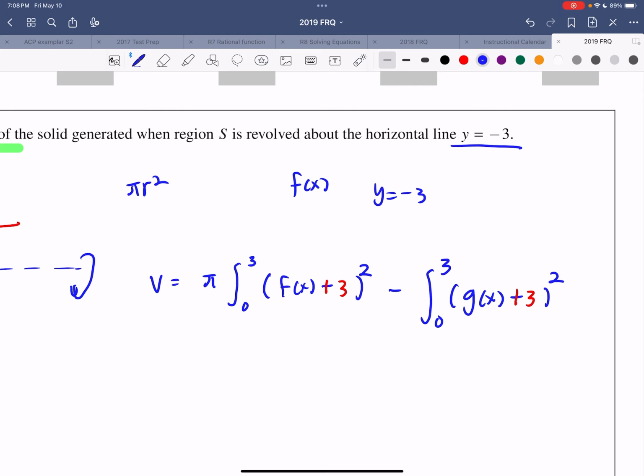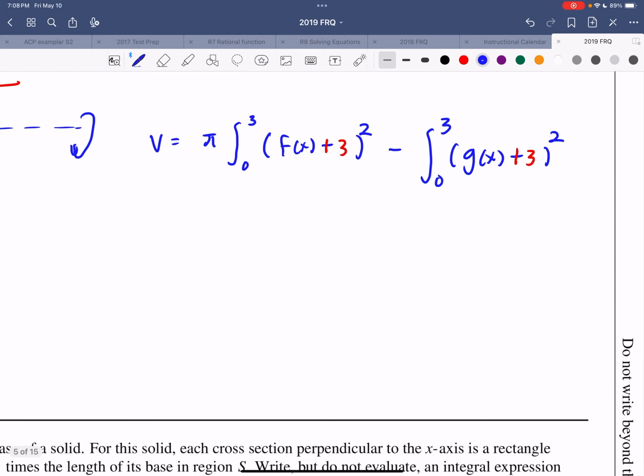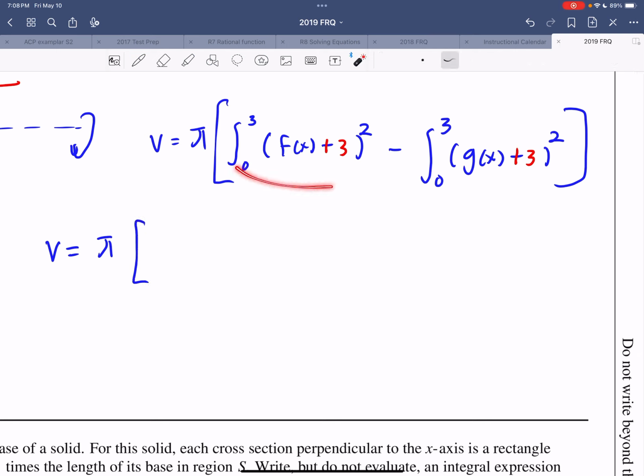That's what you need to do. I forgot about pi here. But instead of writing pi twice, let me put this whole thing into a bracket and put pi out front, okay? That's gonna be even nicer, I guess. So volume is equal to pi. This one you just use the calculator, but so that you can do it by yourself, I'm gonna write it down one more time for you.